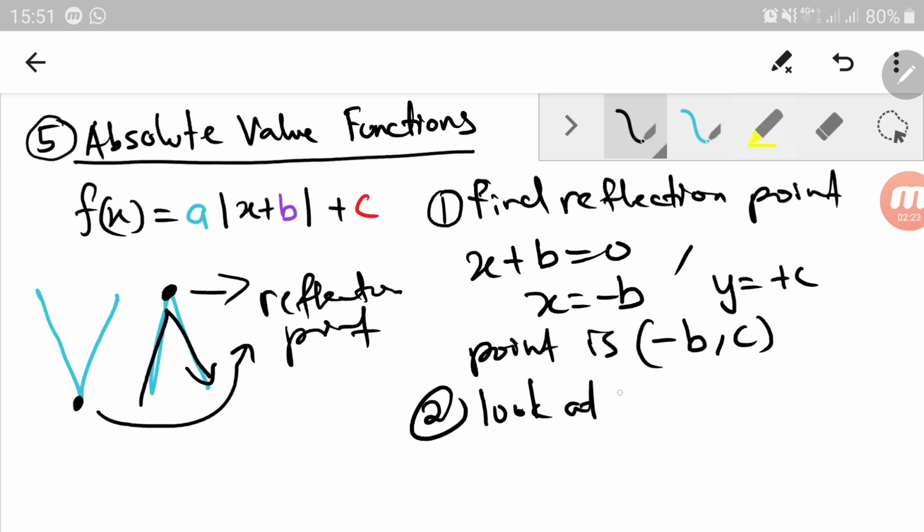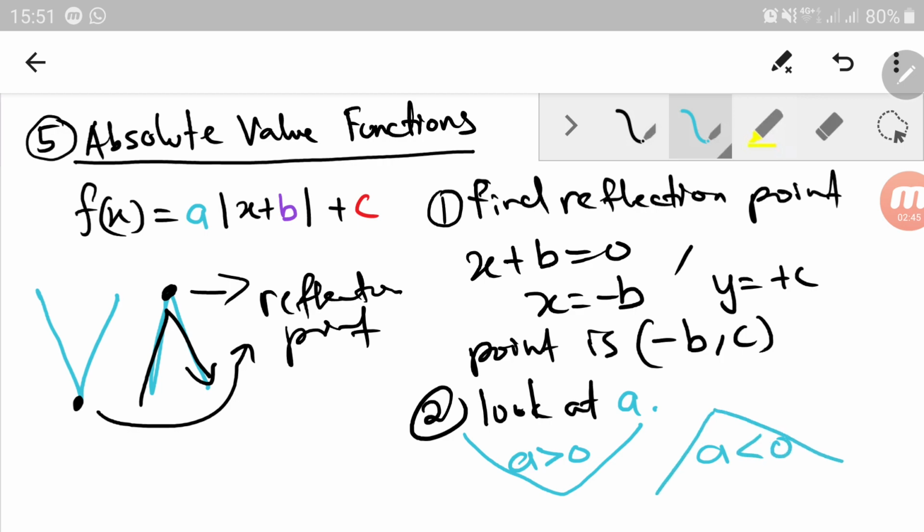If a is greater than 0, then the shape is V shape. If a is less than 0, or negative, then it will be like that.